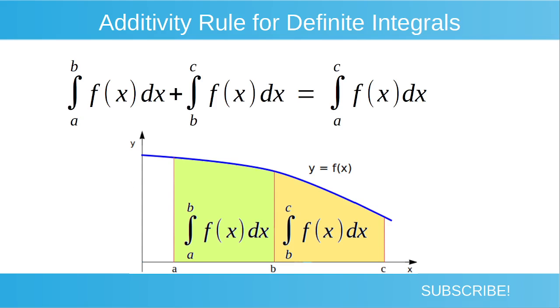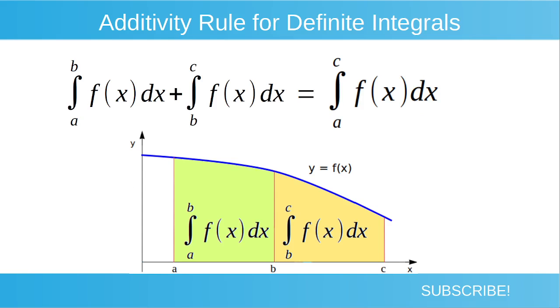Our additivity rule for definite integrals says that the integral from a to b of f of x dx, which gives us the net area for the shaded green region, plus the integral from b to c of f of x dx, which gives us the net area for the yellow shaded region, is equal to the integral from a to c of f of x dx, which is the net area for the entire complete shaded region shown in the plot.